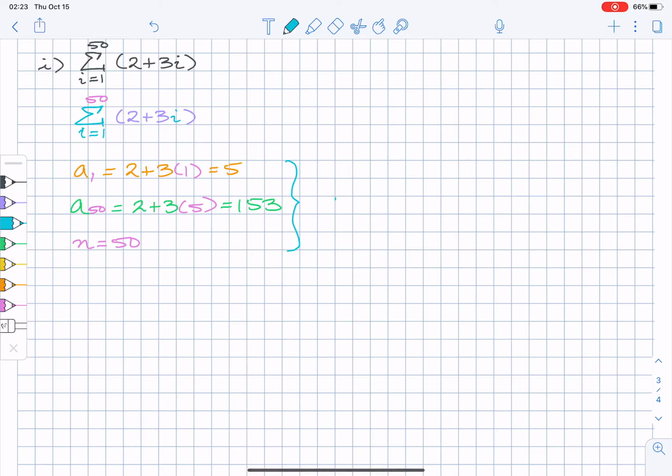So I claim that the 50th partial sum here is going to be n divided by 2 times the quantity 5 plus 153.